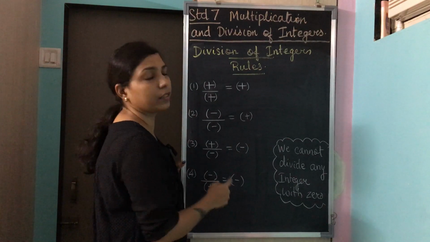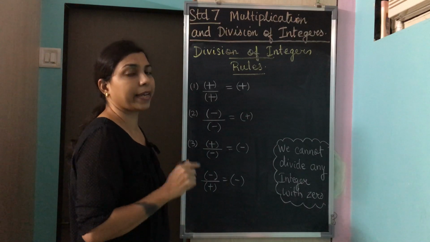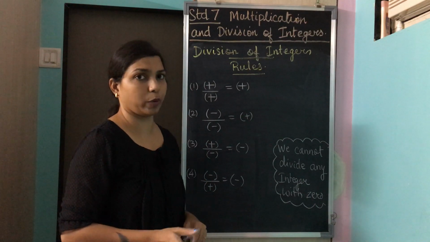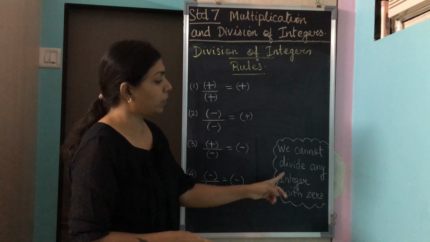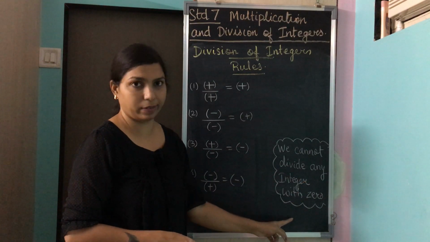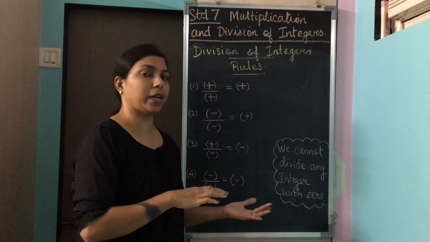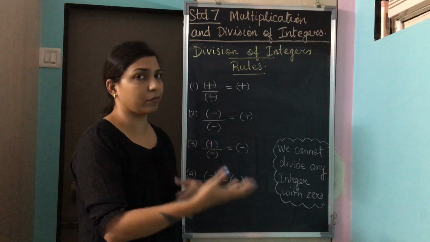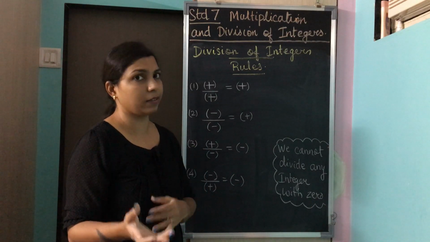And one thing you have to remember, we cannot divide any integer by the number 0. It is not possible for us to divide any integer by 0. When we were doing multiplication, we could multiply with 0. When you multiply anything with 0, you get the answer as 0.